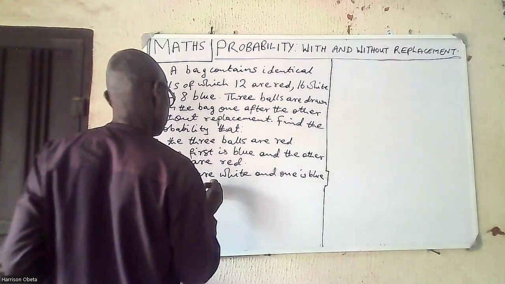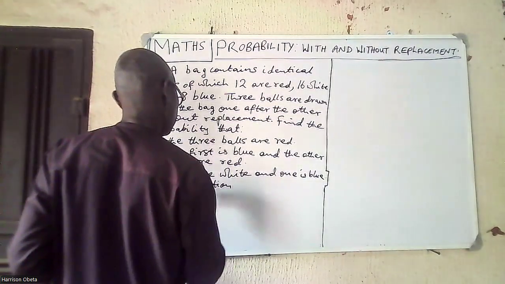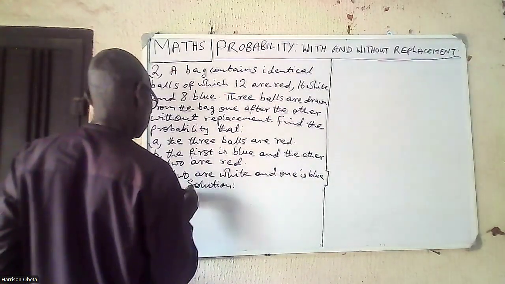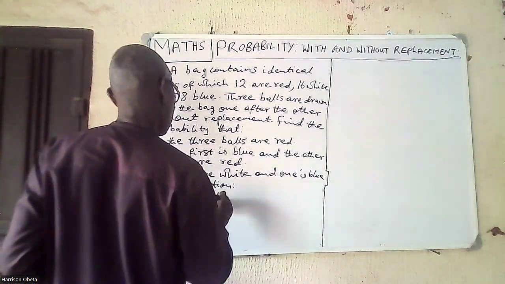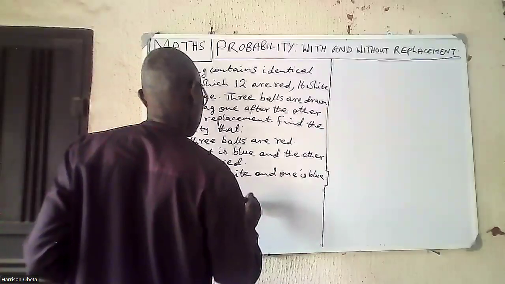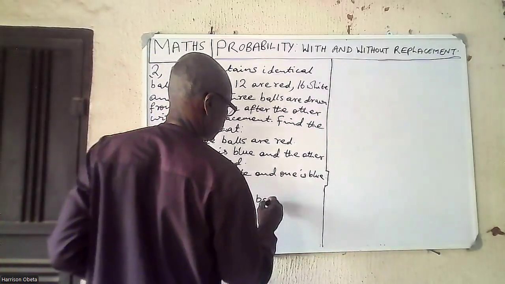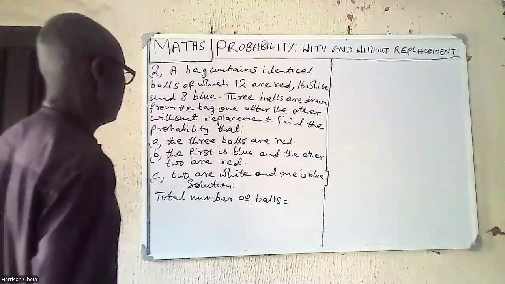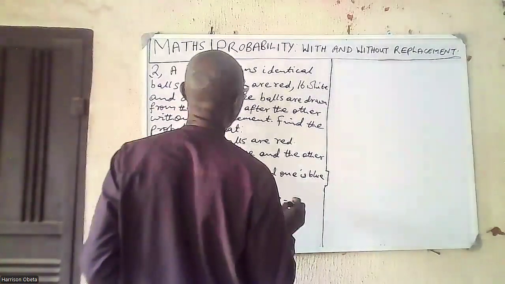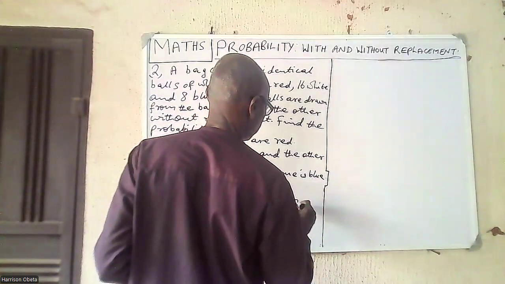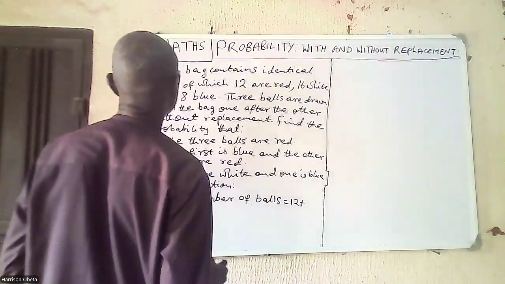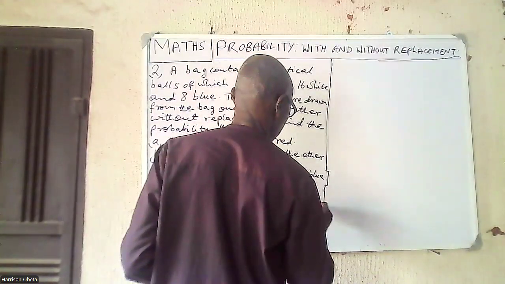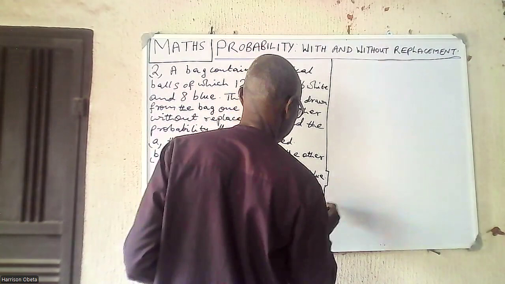Solution. Total number of balls. You have to add, and that is 12 plus 16 plus 8.